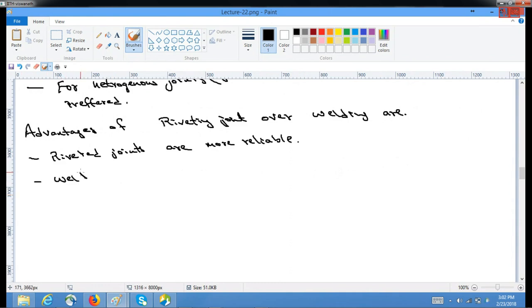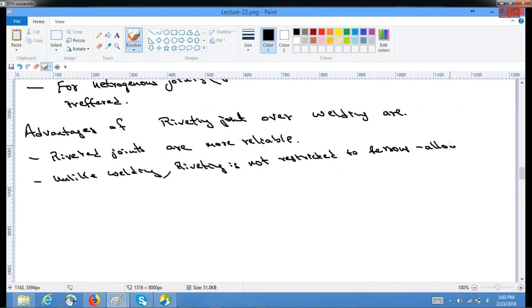Unlike welding, riveting is not restricted to ferrous alloys. That is, one can also use non-ferrous alloys joints through riveted joint.